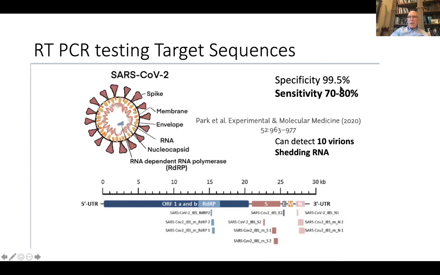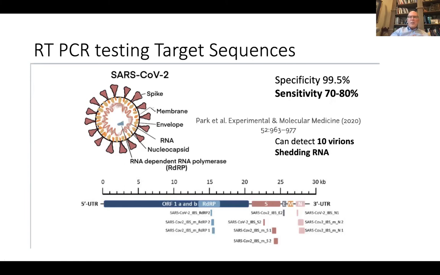It's very specific because these probes are very unique and they don't bind to anything else. It's considered 99.5% specific. And we'll talk about specificity and sensitivity a little later. It's not ideal, and as far as sensitivity, it's 70 to 80%. And that's because of sampling issues, which I'll talk about.